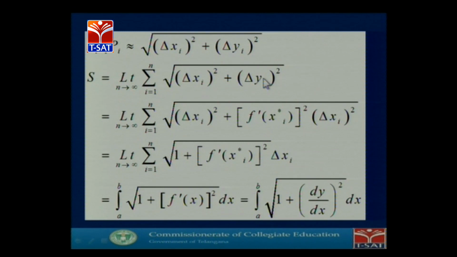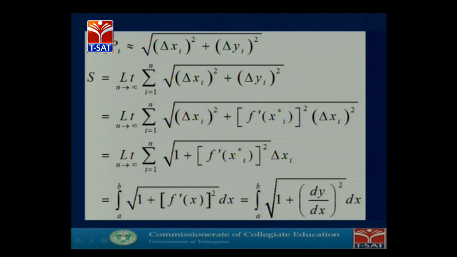So delta yi can be written as f dash of xi star into delta xi. On simplification we get root of 1 plus f dash of xi star whole square, and taking delta xi out of the root, delta xi square under root is delta xi.